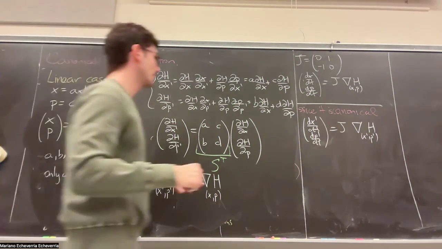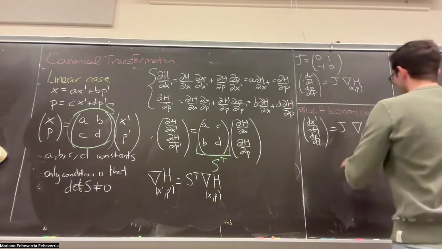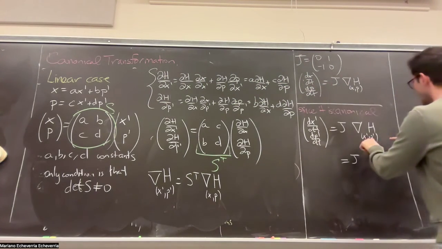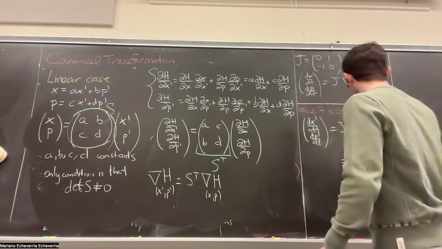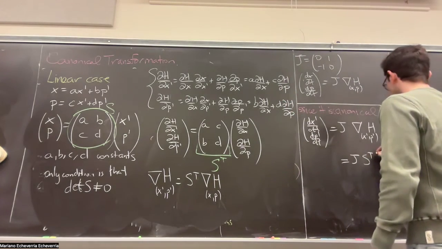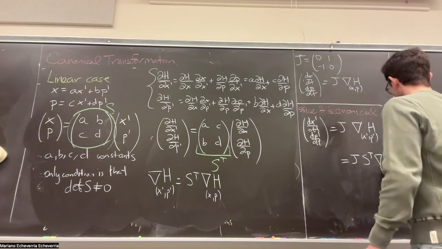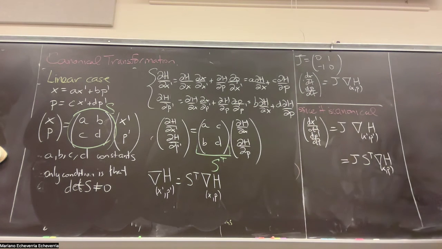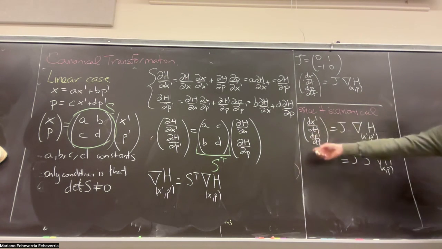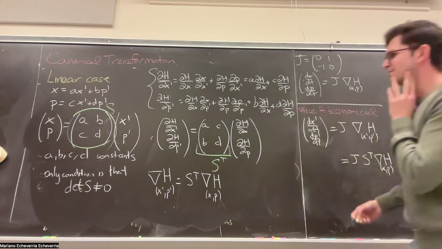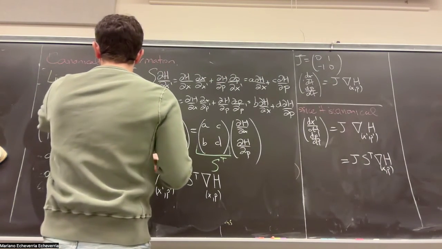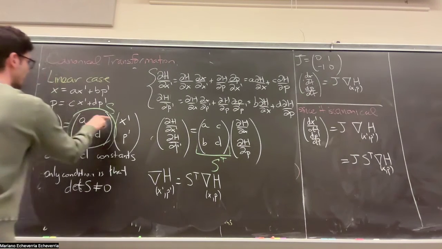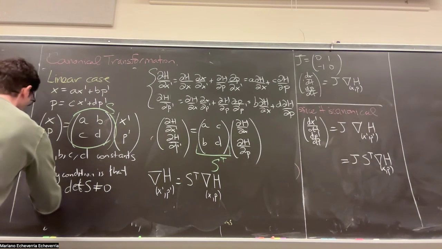So we already know what this part is. This just ends up being J times this gradient, but this is what I just found for you, which gives you S transpose, the transpose of the matrix, times the gradient of H with respect to x, p. And actually this one is easier to find, because you can extract it from here.